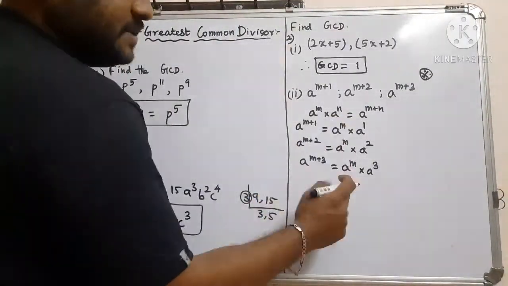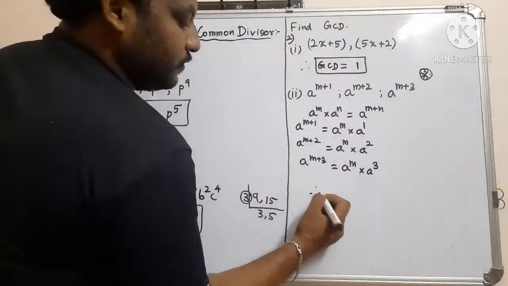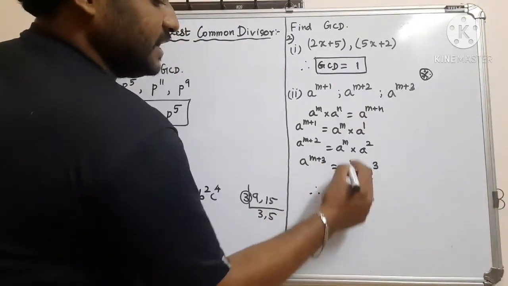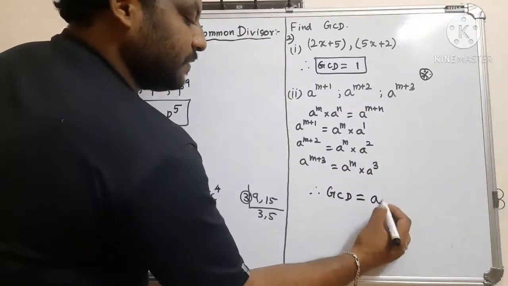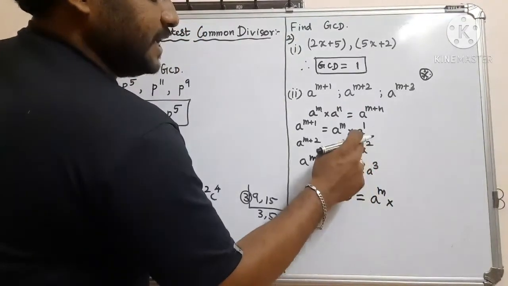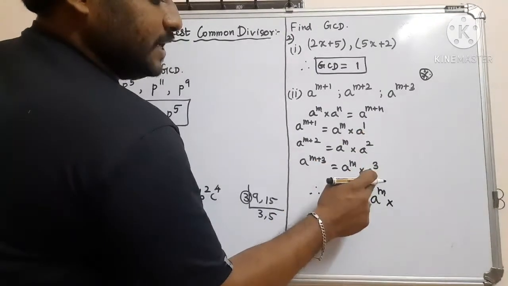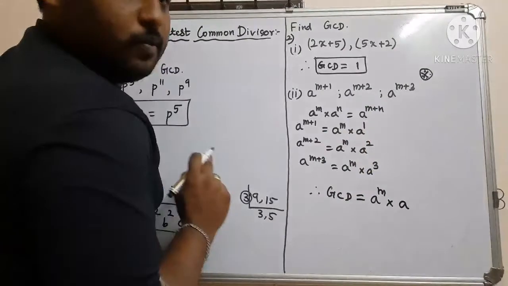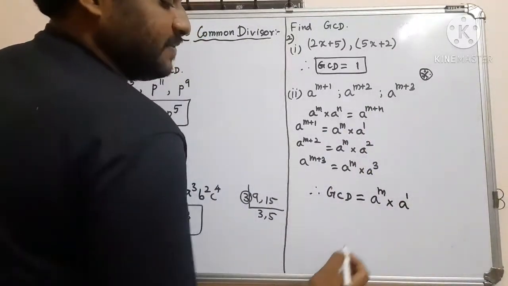So, a power m is a common term. Therefore, GCD is equal to a power m, the common term, into a power 1, a power 2, a power 3. A is a common term, so what is the least value? 1. A power 1.